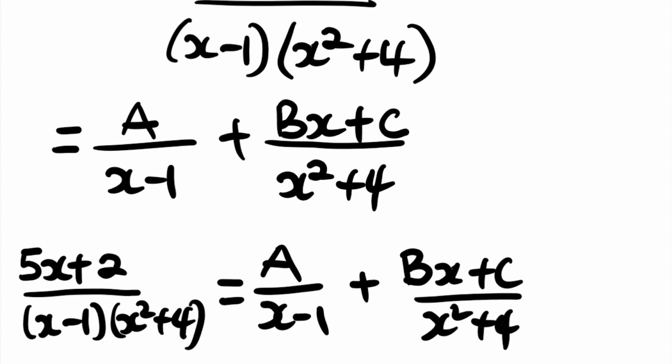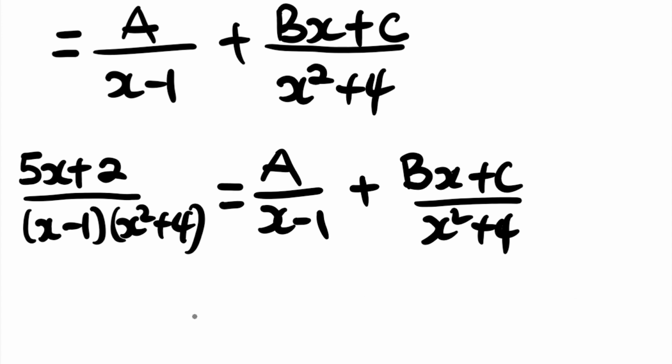I'm just rewriting what we had already. From here, we do cross multiplication. This denominator is going to multiply this factor, and this denominator is going to multiply the other set of factor.